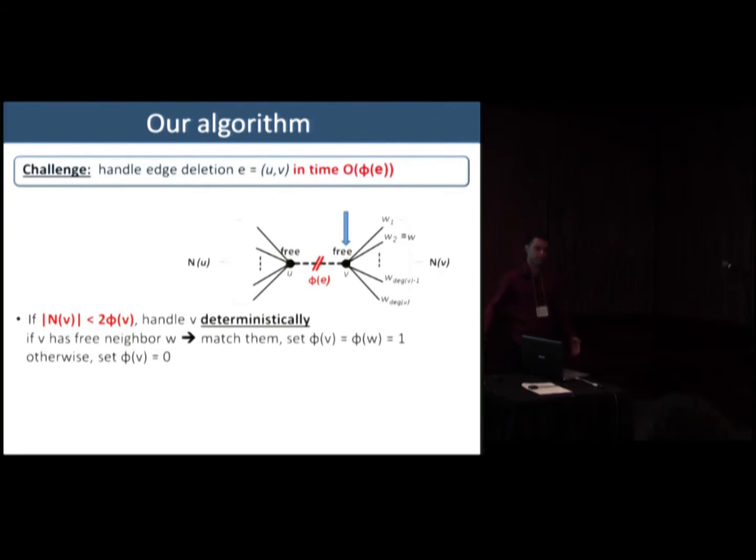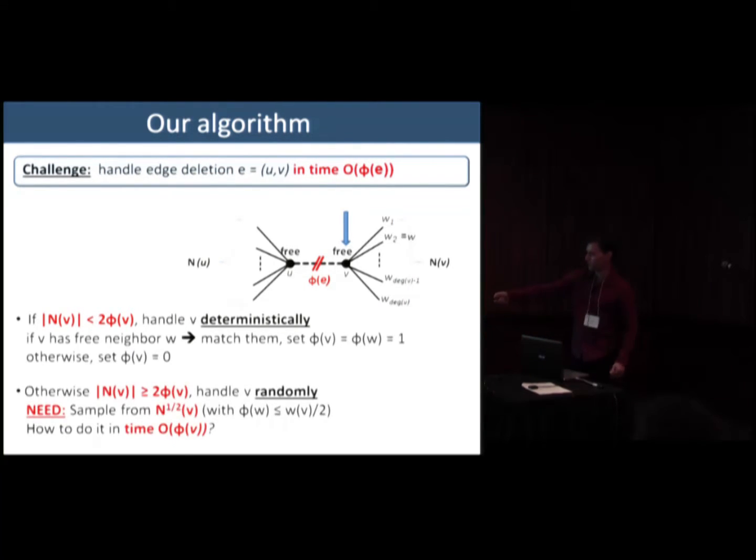Actually, this is the easy part. What's difficult is to understand what's going on when there are many vertices in this set. We cannot scan all of them. It's much larger than the money that we have. It's possibly much larger than the money that we have. And what we would like to do is to sample a mate from this set that we don't know how to maintain. So ideally, we'll just take a random vertex from this set.